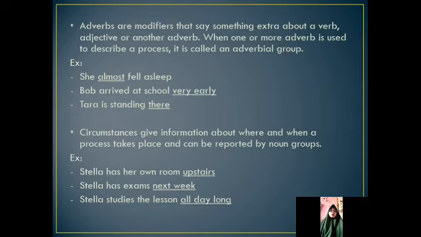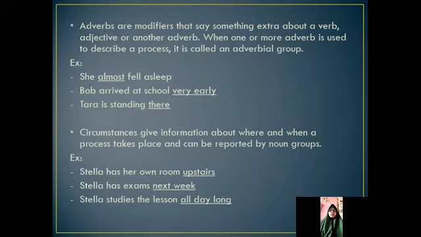Example, she almost fell asleep. Almost is the additional information of the verb fell. Bob arrived at school very early. The words very early is the additional information of verb arrived. Tara is standing there. There is the additional information of the verb is standing.